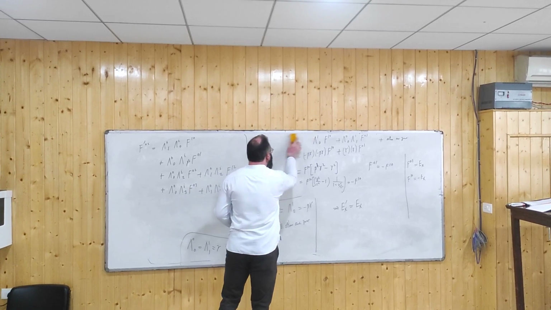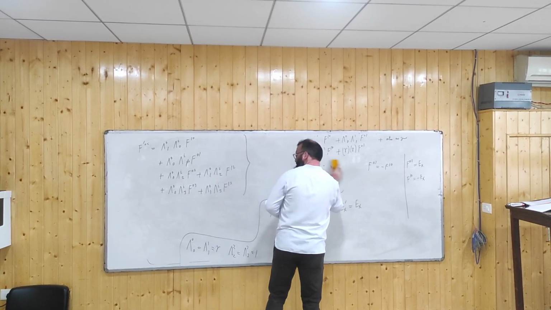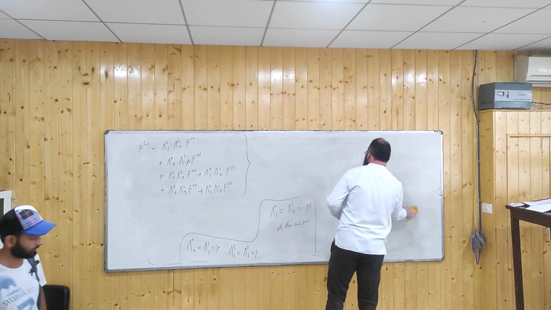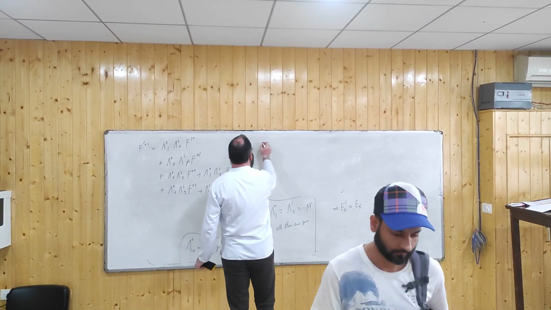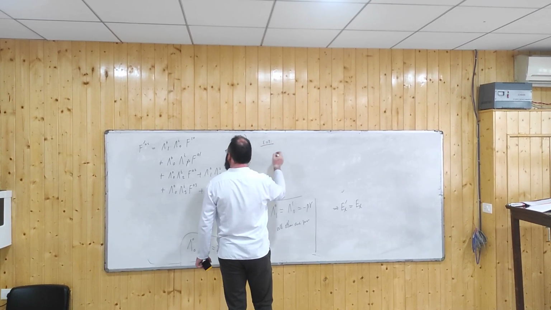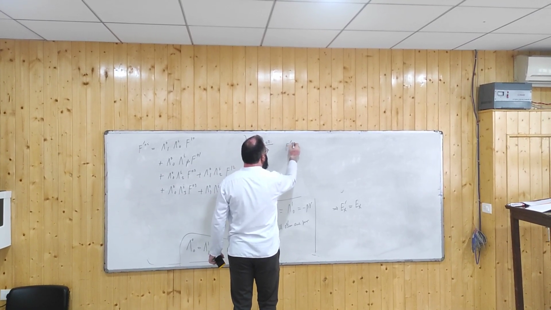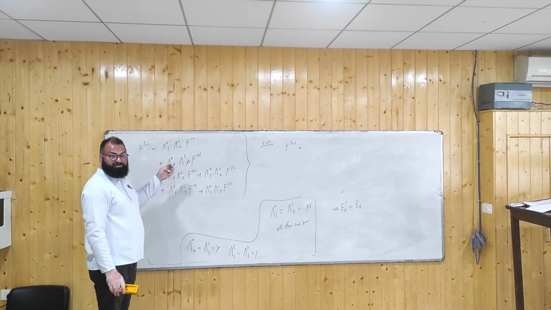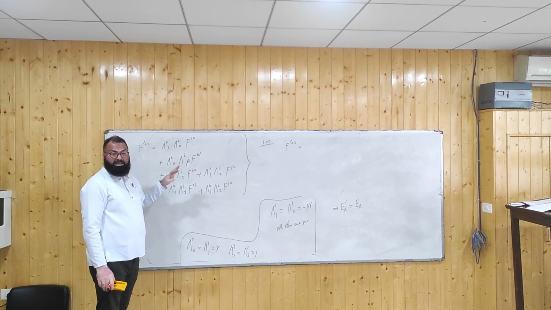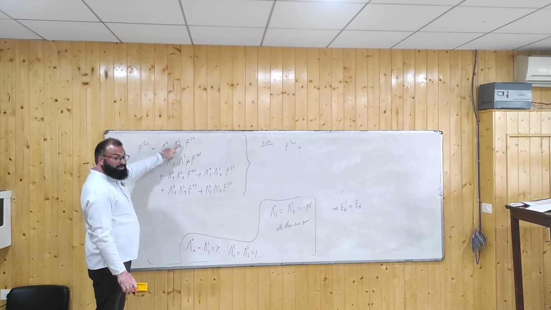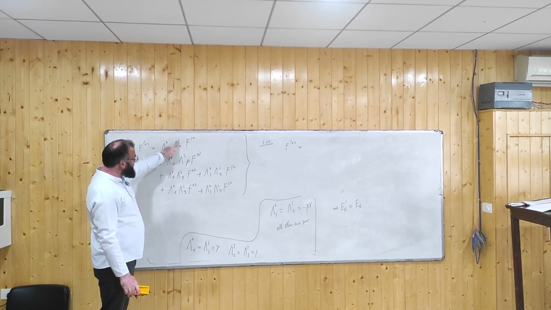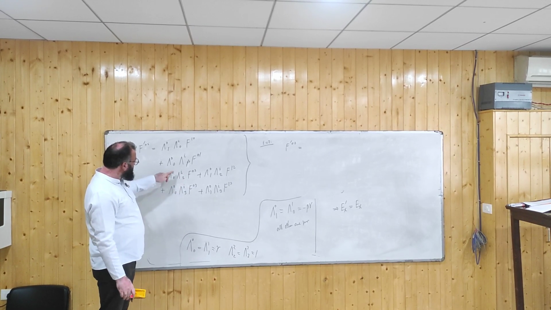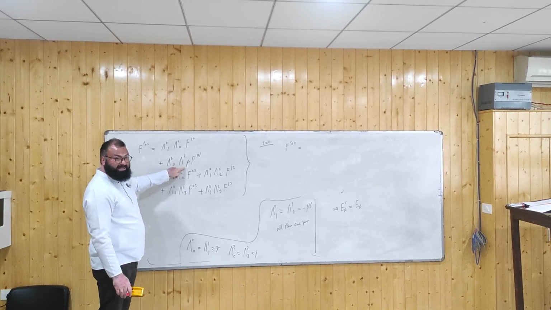Now let's take i equal to 2. So what will I get? F prime 0 2. Look here, when I put i equal to 2, lambda 20 is 0. Lambda 21 is again 0.